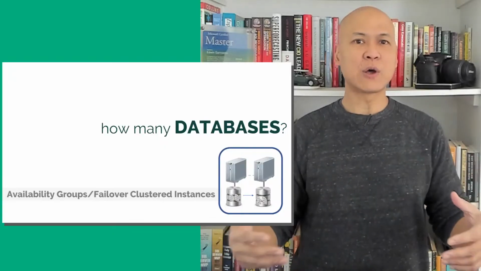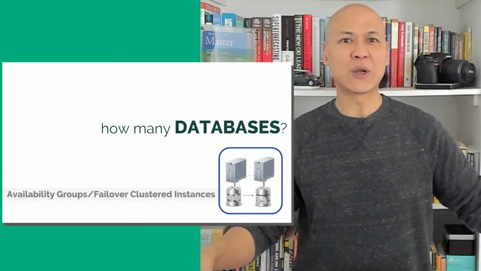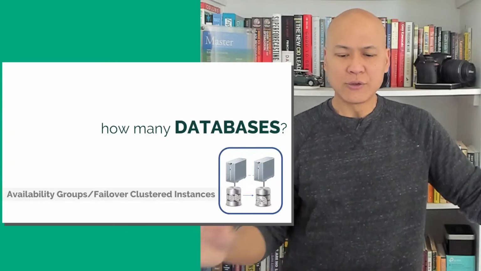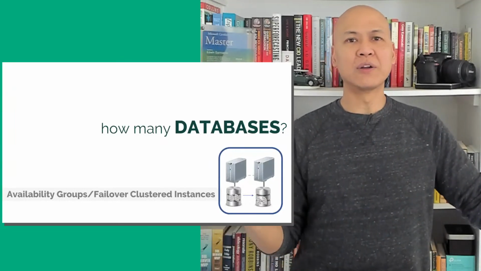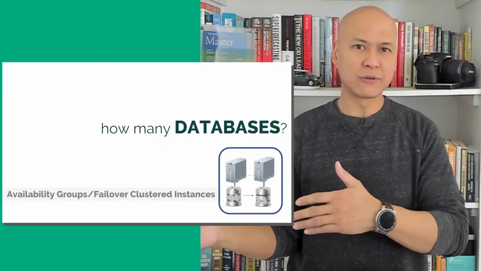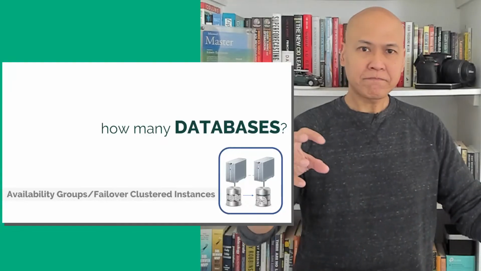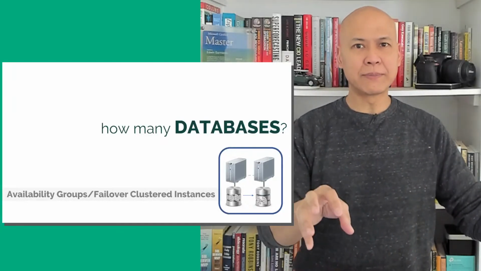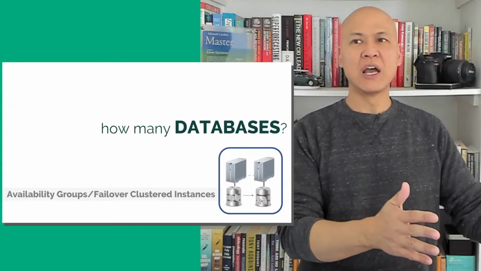All of these things are happening while you're still serving transactions to your applications. And so the amount of databases that you add on to an availability group, or even a failover clustered instance, because again, when you do a failover, the entire instance gets failed over, okay? And it becomes a little bit more challenging managing the failover time, managing the amount of resources.